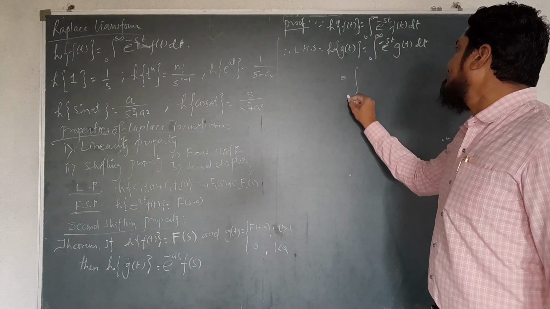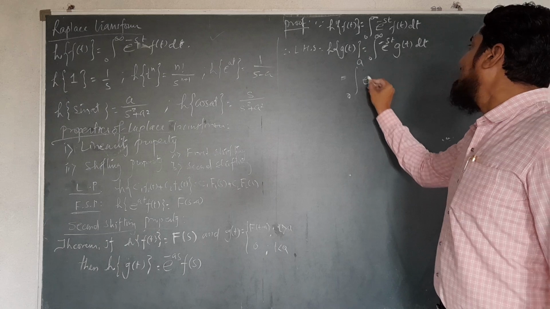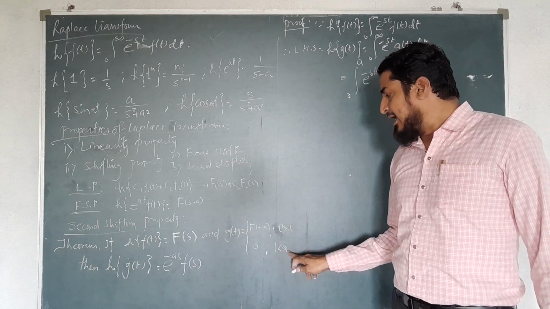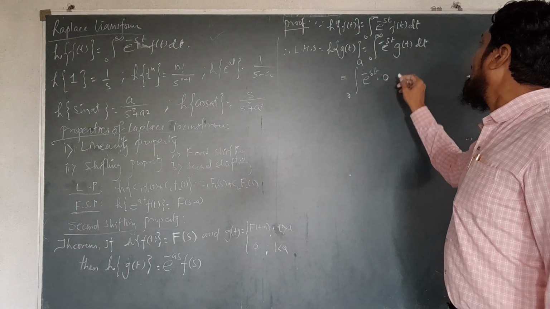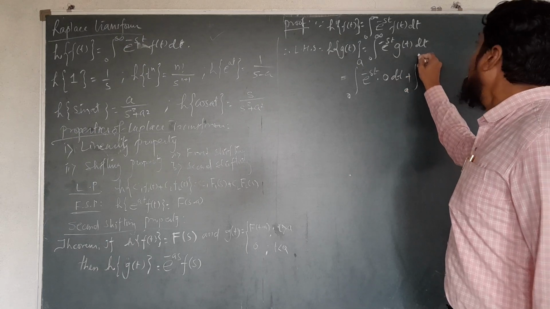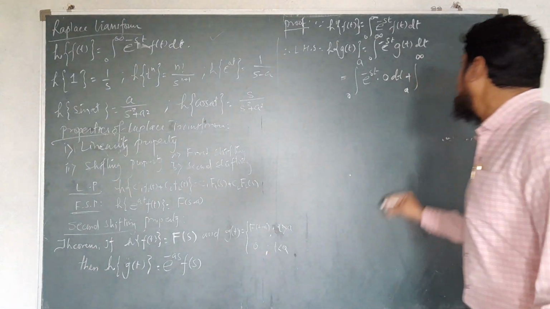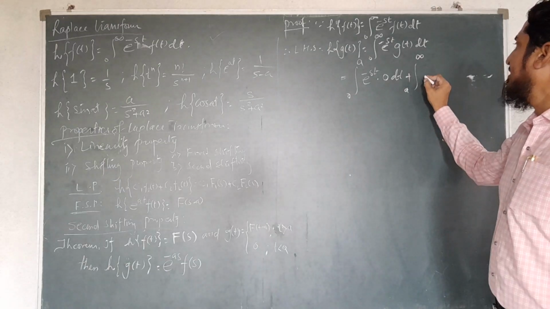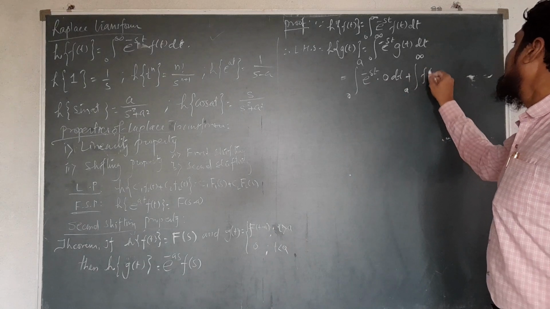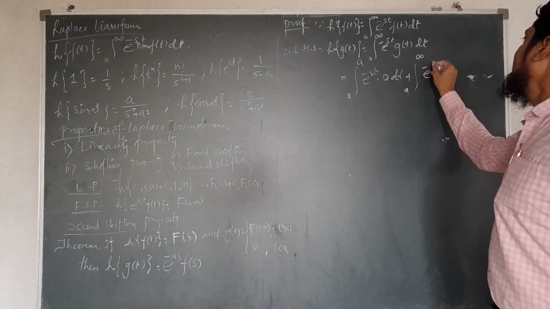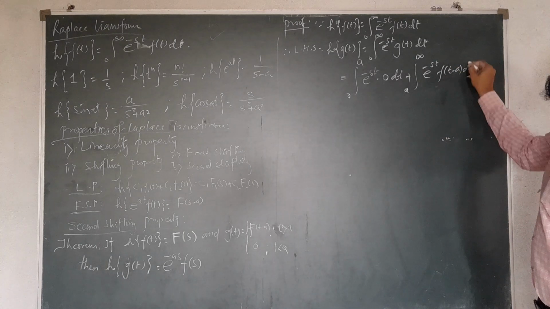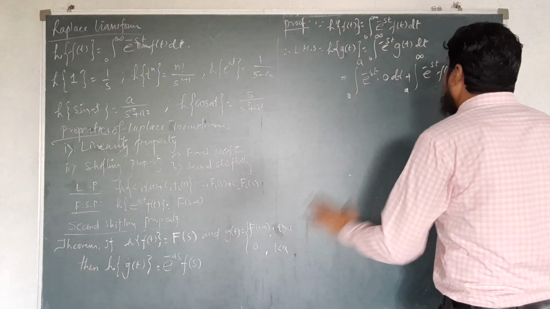That is, the integration from 0 to a of e raised to minus st, and whenever t is less than a, we will get 0 in place of g(t), dt, plus the integration from a to infinity of e raised to minus st f(t minus a) dt, whenever t is greater than a.